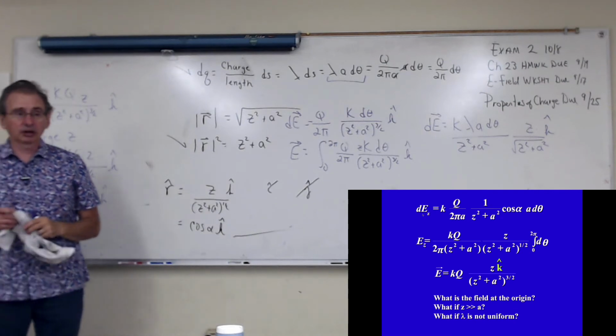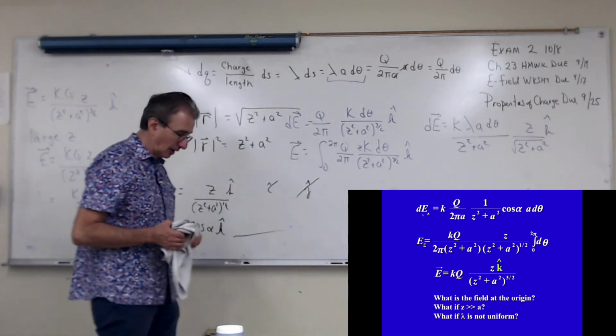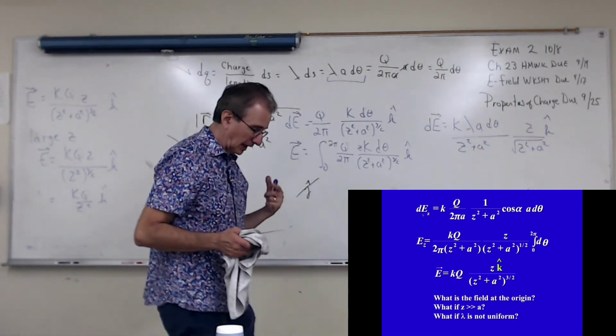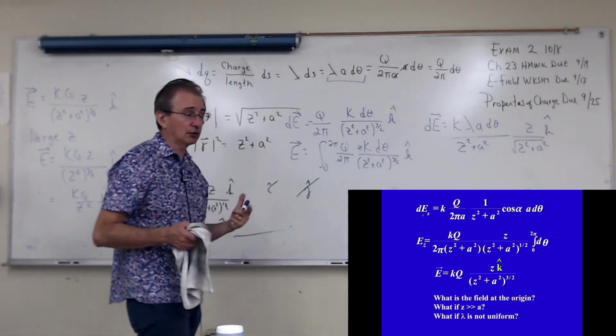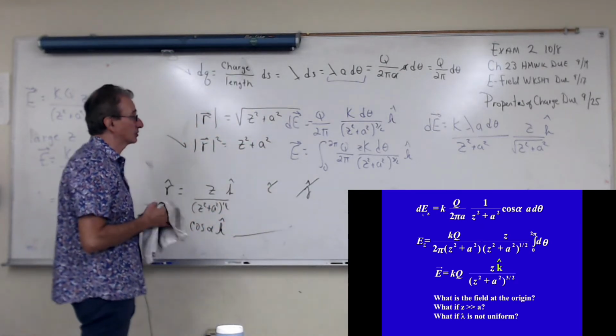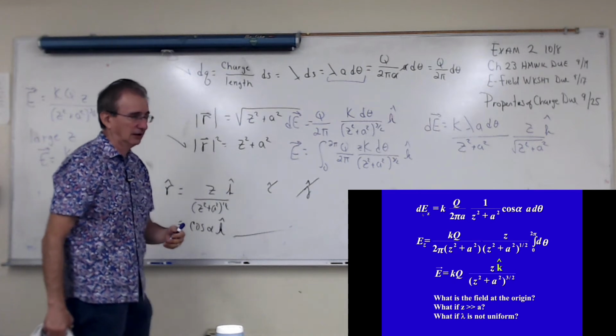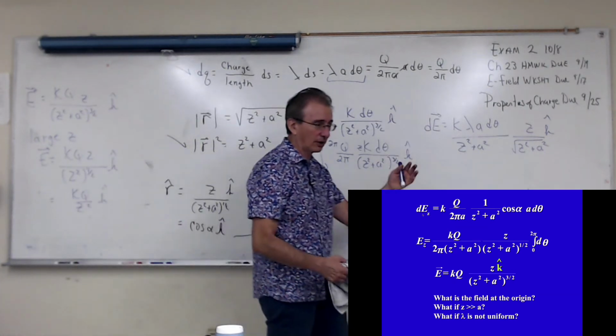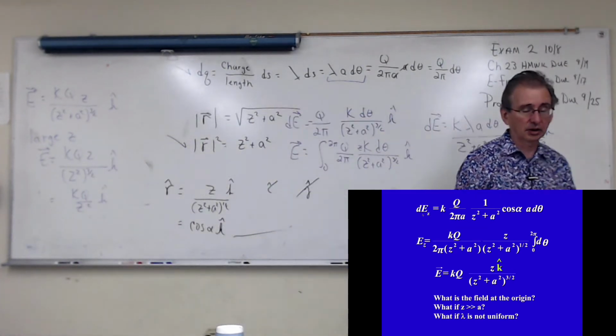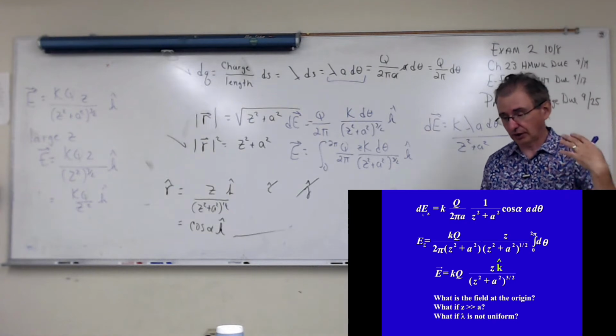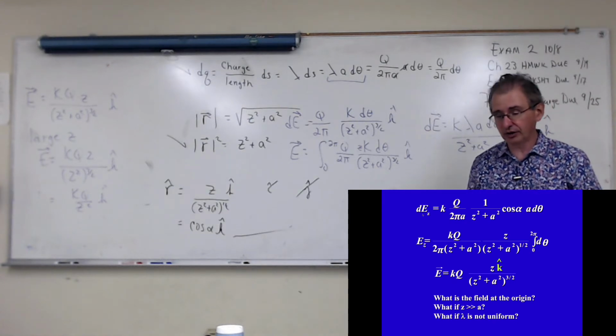In the homework, I think it's problem 9, you have a problem on calculating your DQs for various charge distributions so that you get to understand how to calculate your DQs. So there's a whole problem in the chapter 23 homework I created so that you can learn how to calculate your DQs.